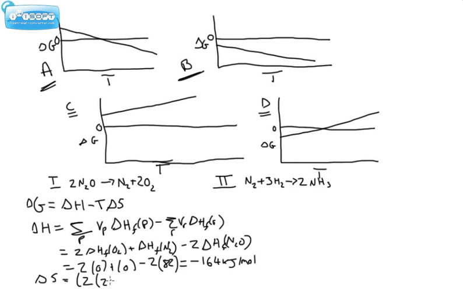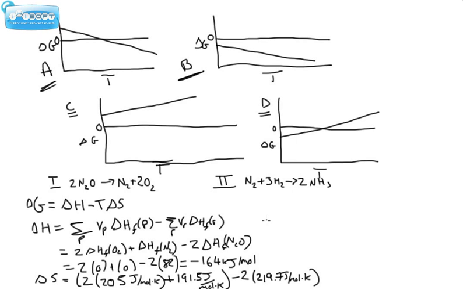For oxygen we have 205 joules per mole Kelvin plus 191.5 joules per mole Kelvin minus 2 times 219.7 joules per mole Kelvin, which works out to 162.1 joules per mole Kelvin.